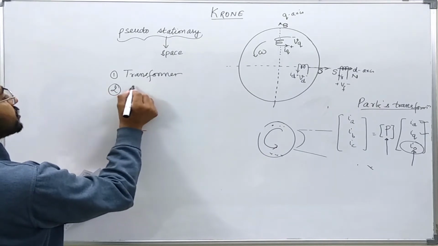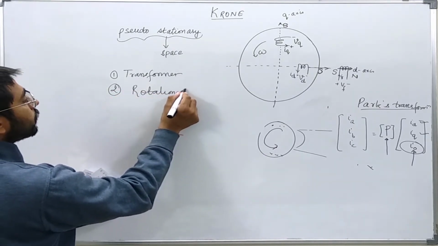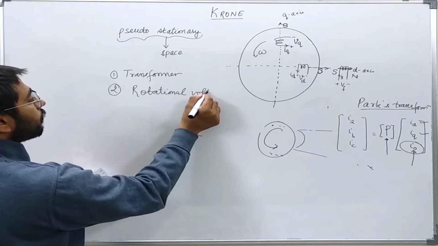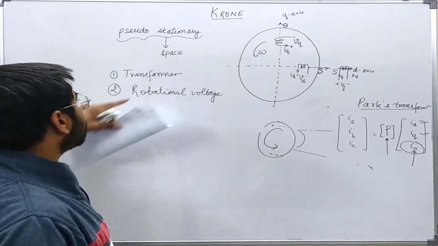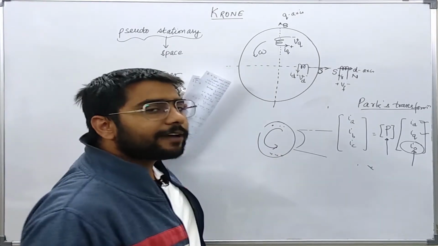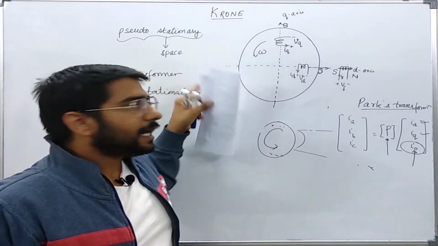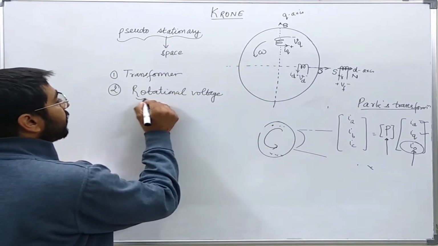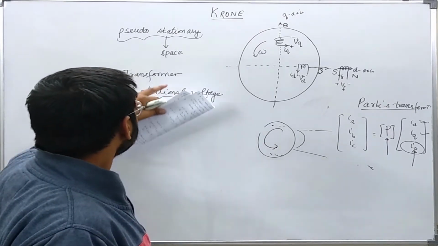Second one is the rotational voltage. The transformer voltage will be there whenever there is no motion. When there is motion it will also be there, but the rotational voltage will only be there whenever there is relative motion.